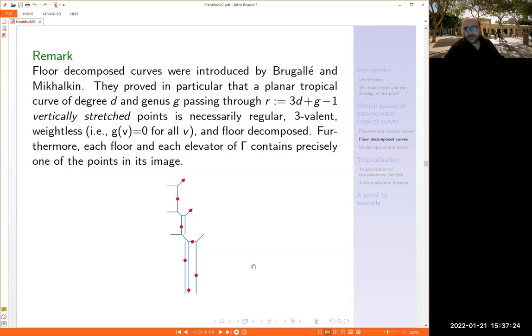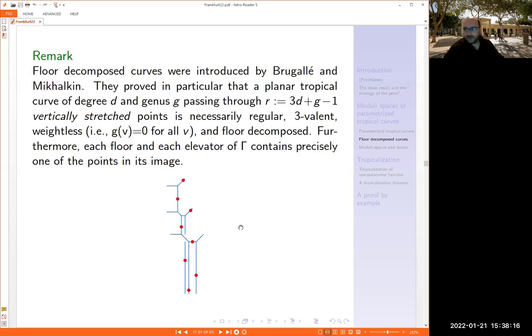As I already mentioned, they were introduced by Brugallé and Mikhalkin, who in particular proved that if you pick points in vertically stretched position, meaning that the horizontal distance between the points is much, much smaller than the vertical distance, and you pick the right amount of points, then all tropical curves of given degree and genus passing through this collection of points must be floor decomposed.